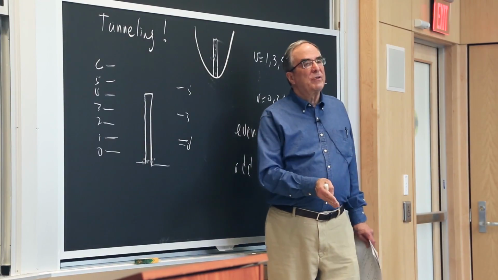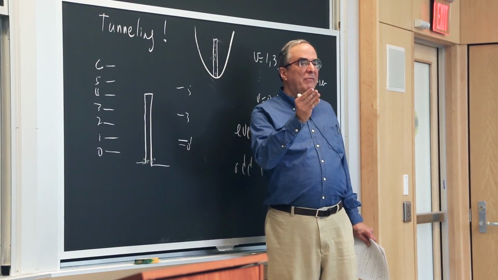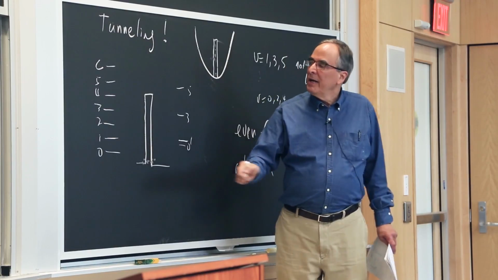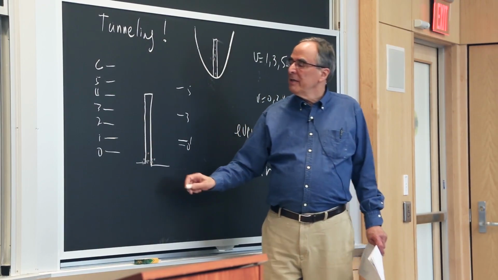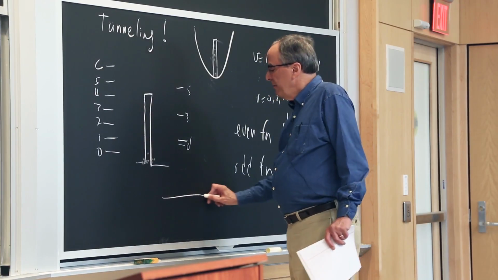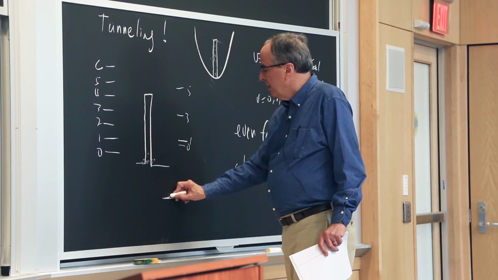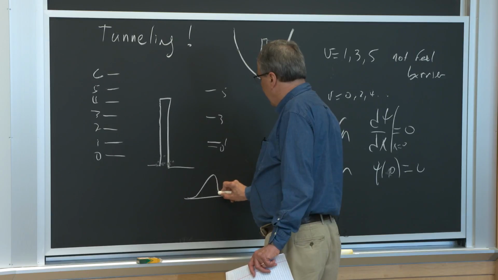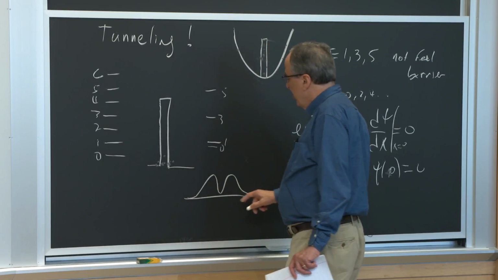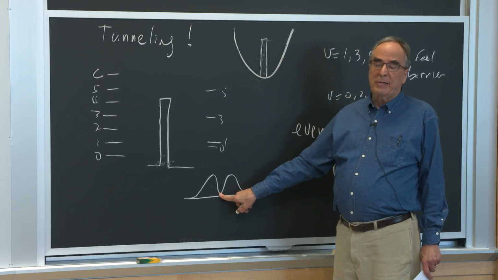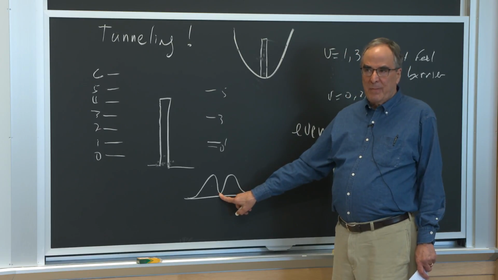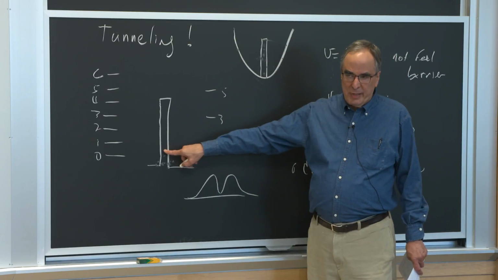Now it can't be shifted above v equals 1 because that would violate the node rule. And if you draw a picture of the wave function for v equals 0 in the barrier region, it has to look something like that. So we have 2 lobes, and it's trying to make a node, but it can't. It's a decreasing exponential.